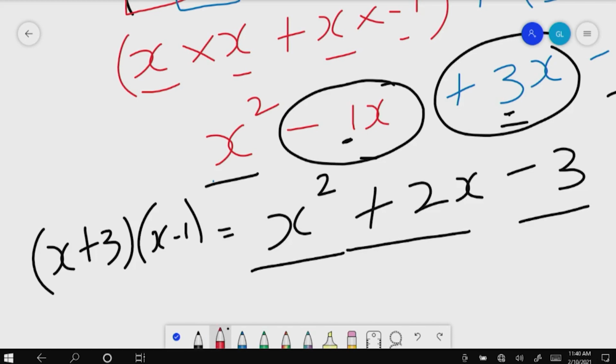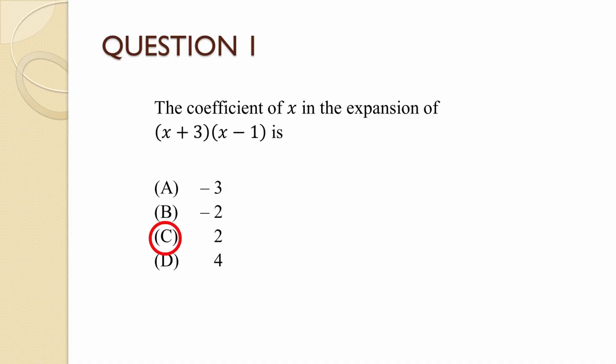The coefficient is the value in front of the variable. The coefficient of the x squared term is 1. The coefficient of the x term, please note I'm using the sign in front of the coefficient, is positive 2. So we're asked for the coefficient of the x term and not the x squared term. Our solution there is C, which is positive 2.